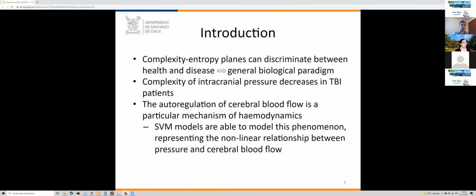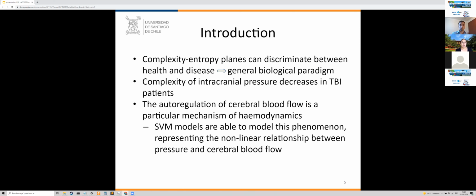Okay, complexity entropy planes have shown utility in discriminating healthy subjects from those suffering from pathologies, likely to be a general biological paradigm of classification between pathology and health. An example of this is that complexity of intracranial pressure decreases in traumatic brain injury patients.